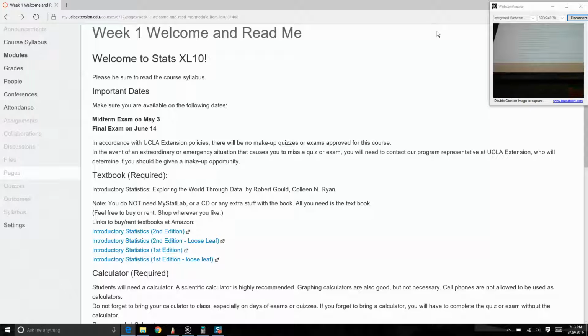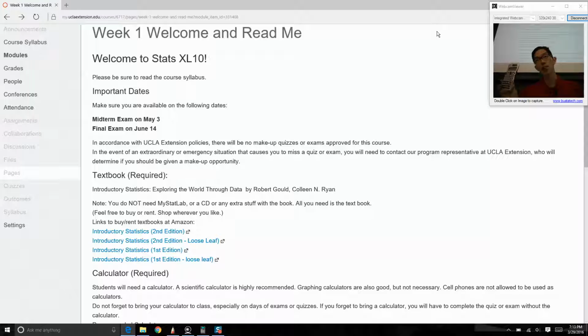You'll also need some kind of calculator. The calculator I use looks like this. I recommend getting at least a scientific calculator. If you have a graphing calculator, that's great. You don't need to go out and purchase a scientific calculator. But if you don't have at least a scientific calculator, I recommend getting one.